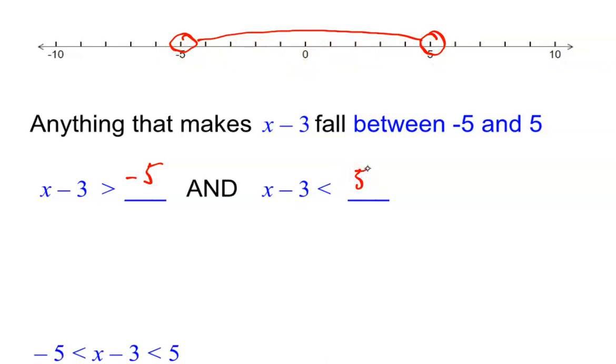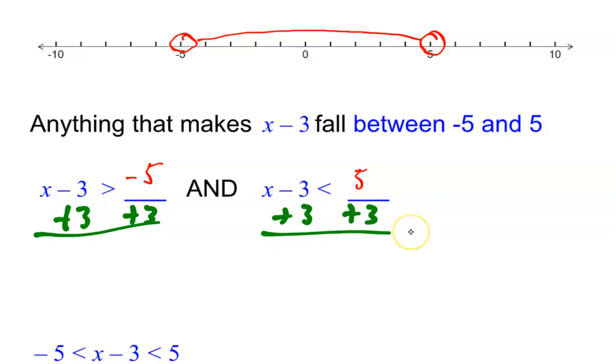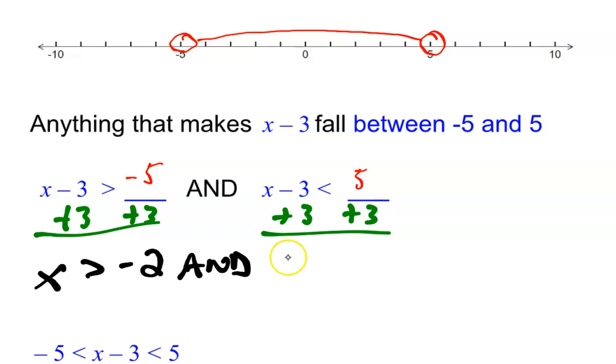And then again, we can go ahead and solve these by adding 3 to both sides. So that our final equation would read x minus 3, I'm sorry, we got rid of the minus. x is greater than -5 plus 3, which is -2, and x is less than 8.